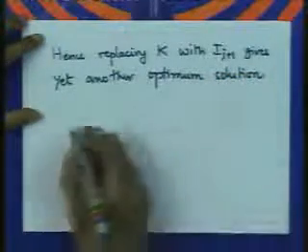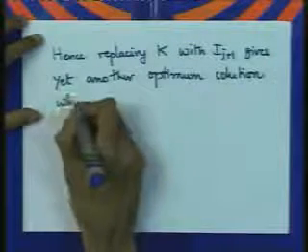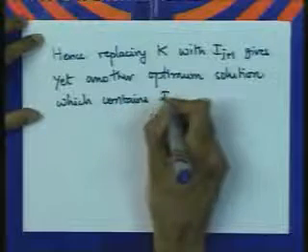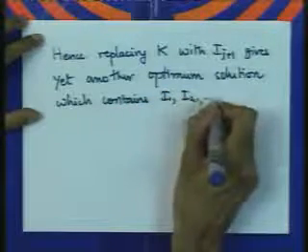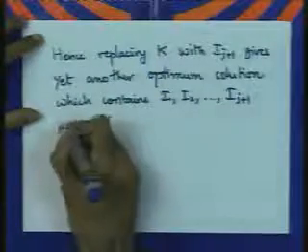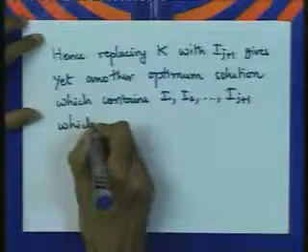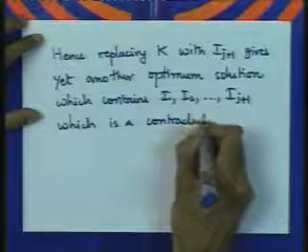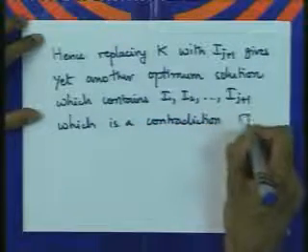It gives yet another optimum solution which contains I1, I2 up to Ij plus 1 now, which is a contradiction. End of proof.